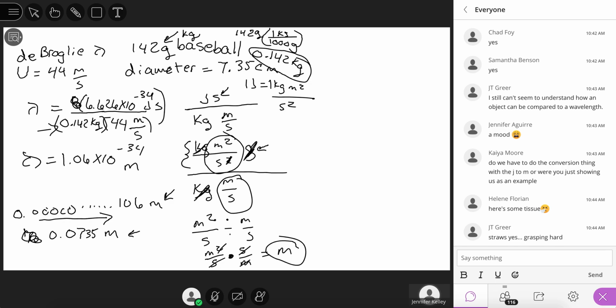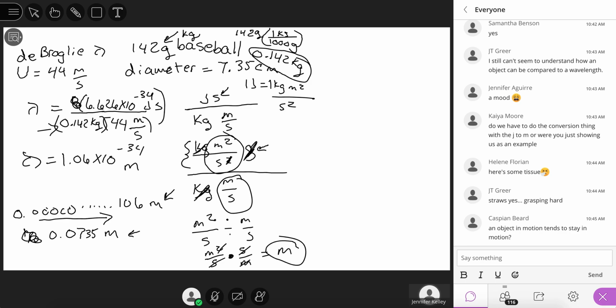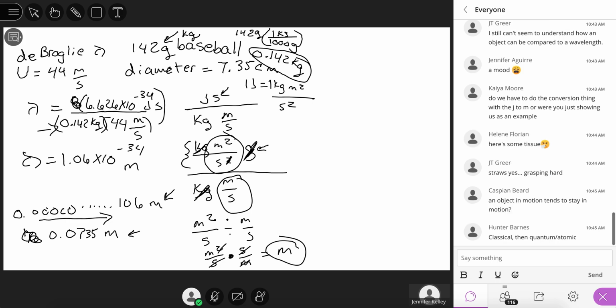So there's one set of physics that's all based on Newton's ideas, and then there's another one that is mind-bendingly weird, and that's quantum mechanics. Exactly, an object in motion tends to stay in motion. Yeah. And so it's just kind of strange. Quantum is bizarre, to say the least.